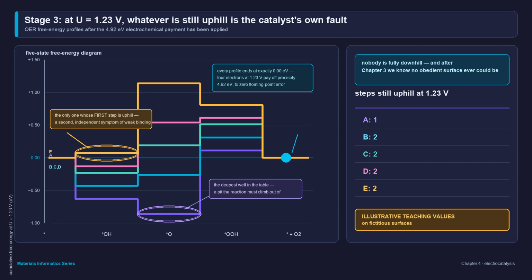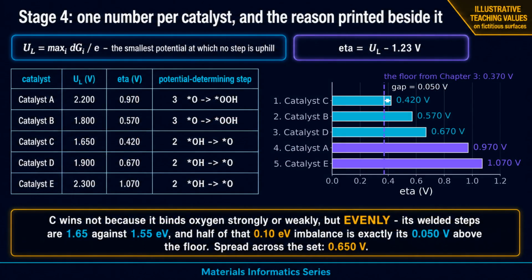Catalyst A's adsorbed oxygen level, at minus 0.86, is the deepest well in the table, a pit the reaction must climb out of. Catalyst E is the only one whose first step is still uphill. Nobody is fully downhill. Now compress each diagram into one number.